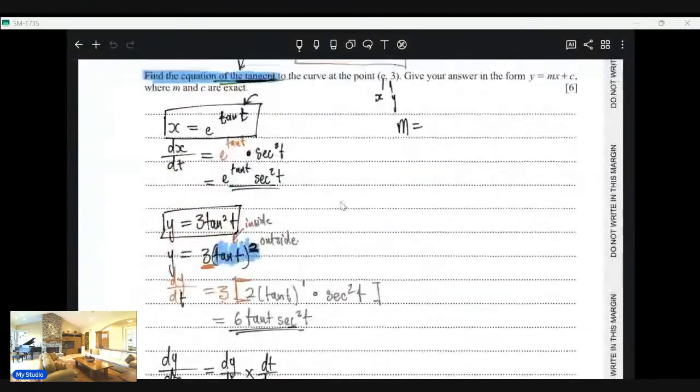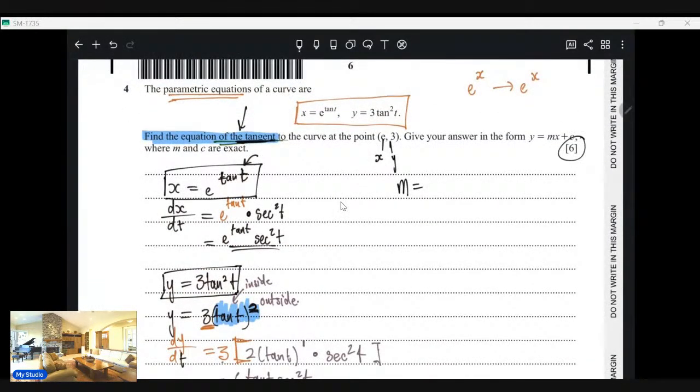That's why you see it having how many marks? 6 marks. So now you have to find t. You can write x equals e to the tan t. Now for us to remove tan t, we bring ln to both sides.